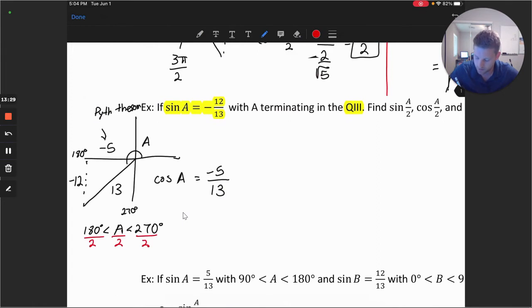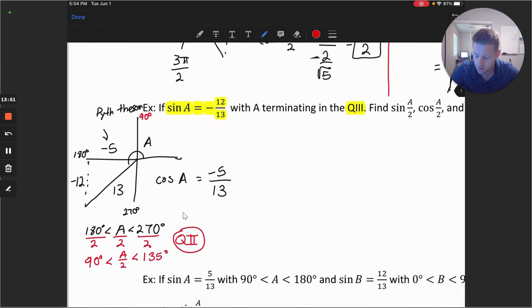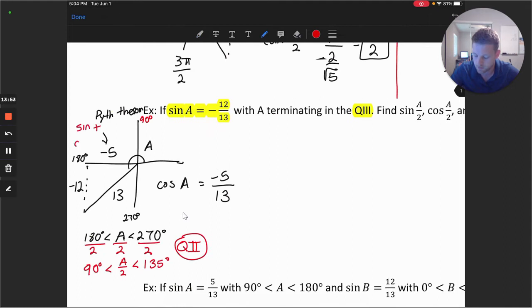That would be 90 and 135. So this region here, 90 to 135, is in fact in quadrant 2 again. This means that the sine is positive and the cosine is negative. So we'll want to remember that in our second quadrant.